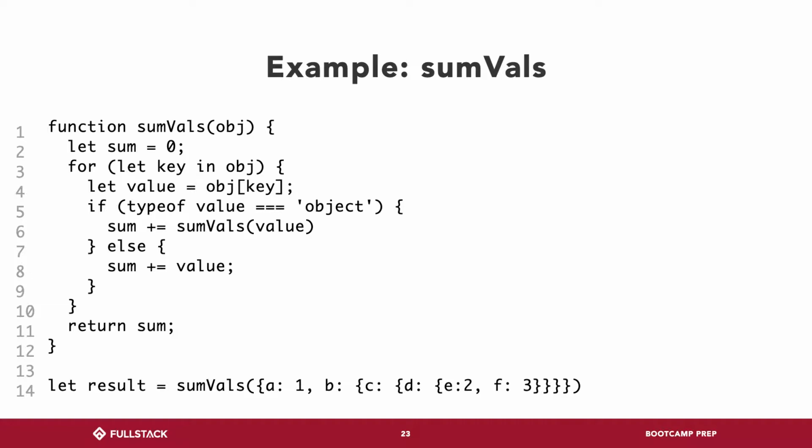So we just have to loop through that. We take out that value and check to see if it's an object. If it's not, we just add it to the sum, and if it is, we add something to the sum, but we have to wait and see what we get, because we have to call that function again and pass in that object.